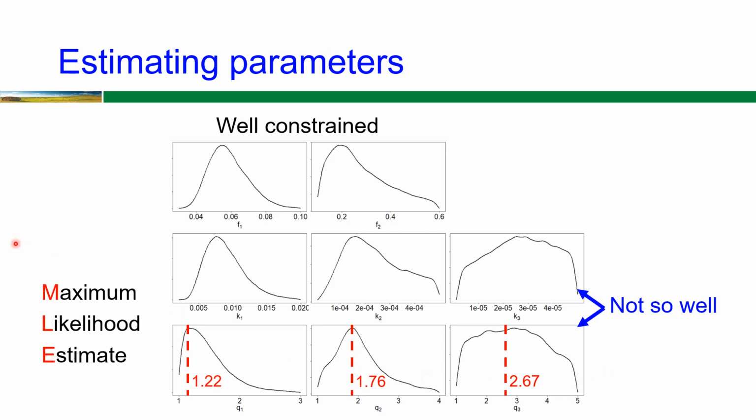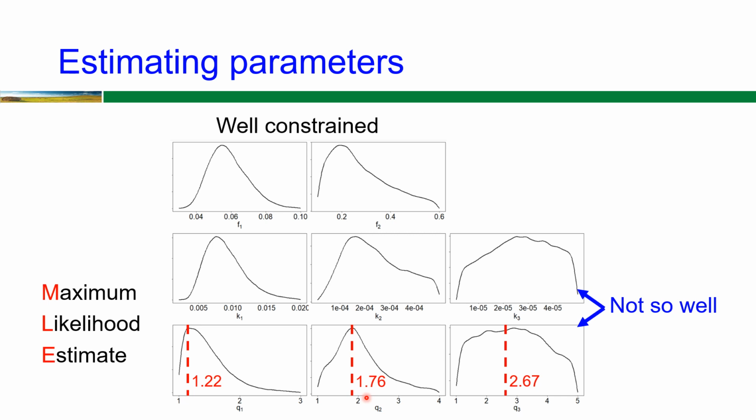From the posterior distribution, we can derive the maximum likelihood estimates of parameters. MLEs represent the parameter value at which the distribution peaks. In the example, the Q10 distributions peak at 1.22 and 1.76 for the active and slow pools.